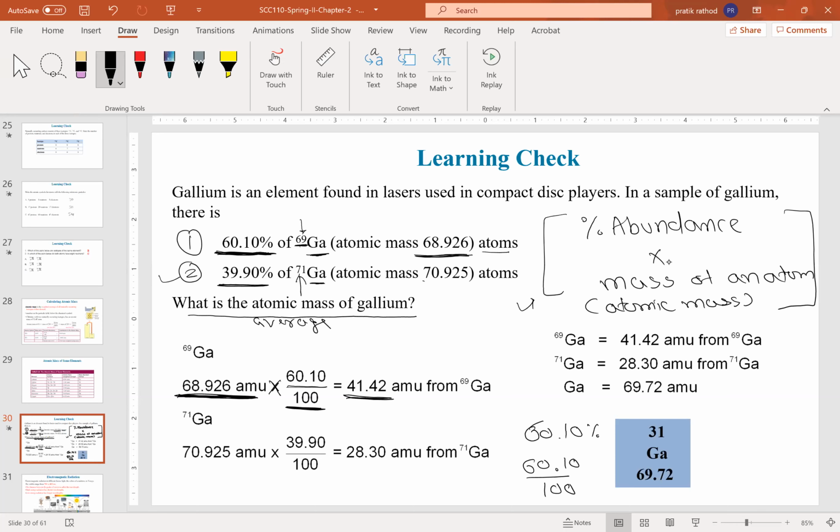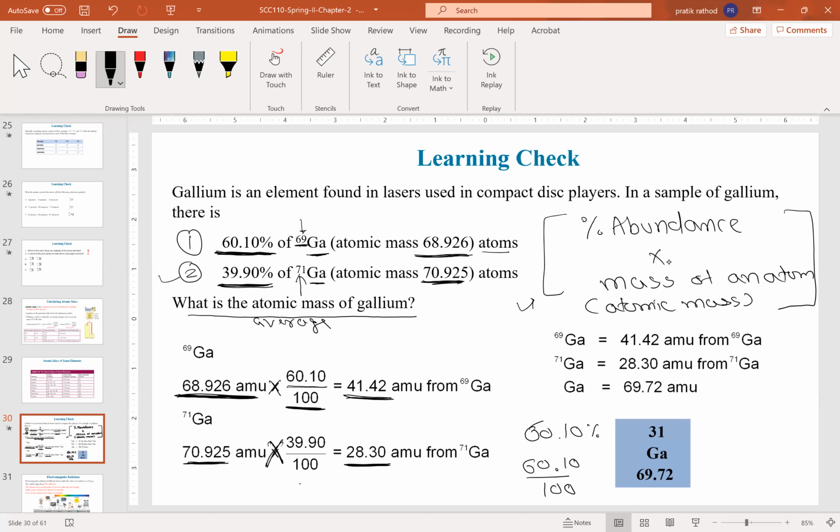The second isotope has the mass number or atomic mass 70.925, multiplied by the percentage abundance, which is 39.90 over 100. If we do the math, we get this number, 28.30. All right. Now we have the number for each of the isotopes.